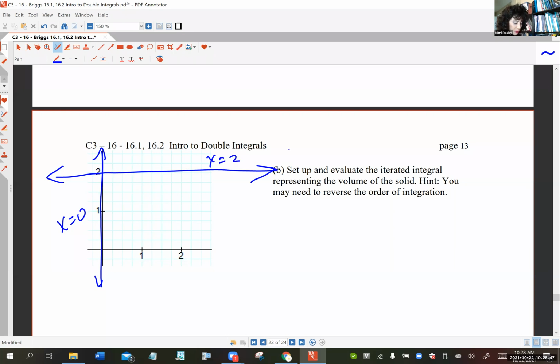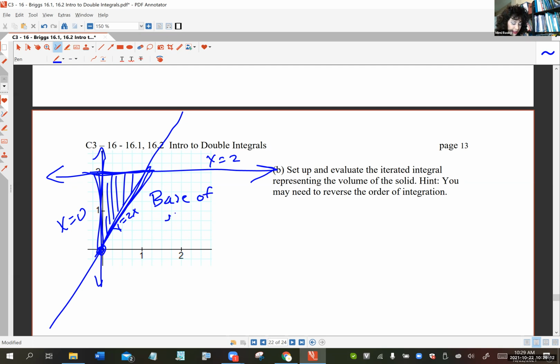And then y equals 2x is a diagonal line that cuts through the origin. So that's y equals 2x. Now, remember that my vegetable garden is bounded by all of these boundaries, these fences. So the base of the solid, I'm going to shade it in. You need to shade it in. If I ask you to do this on a quiz or an exam, that's the base of the solid. And this is the region of integration, region R of integration. So we're done with letter A.